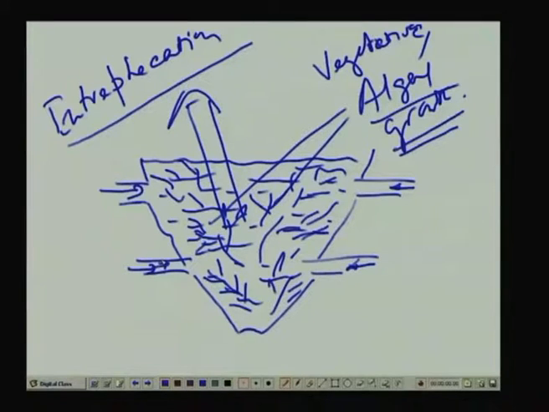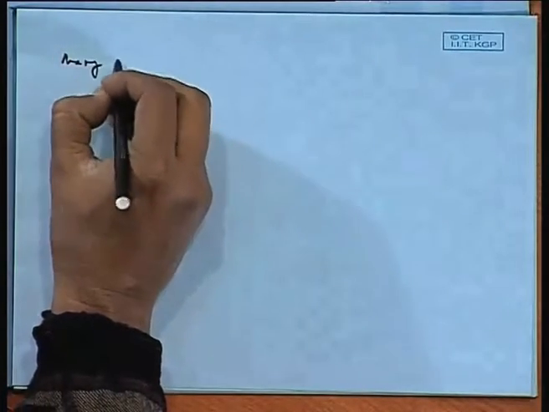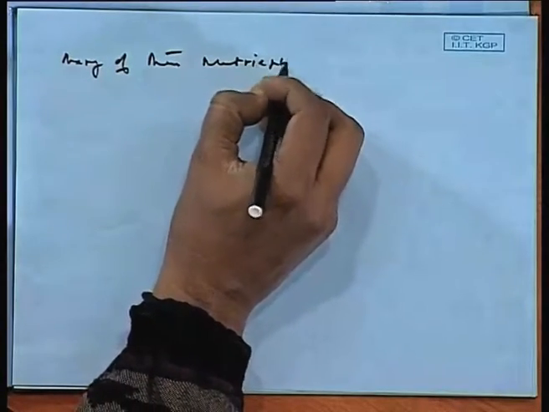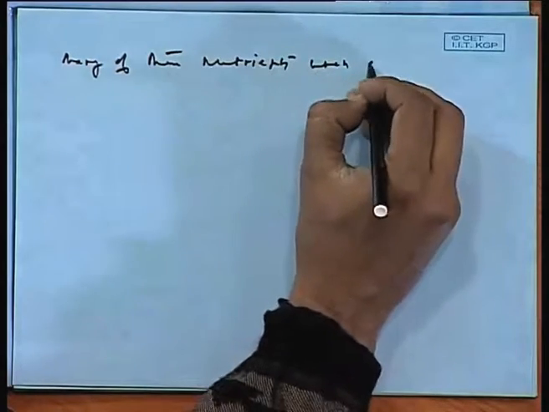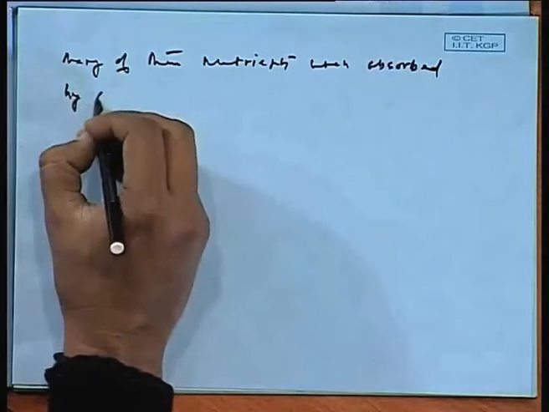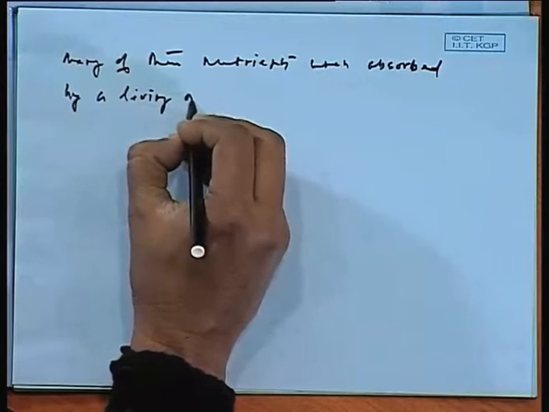Another important thing to observe here is about these nutrients. We will come back to these nutrients a little bit later in a related area. But another important thing is, many of these nutrients, when absorbed by a living organism, might lead to the lack of absorption of another essential nutrient. This is very important also.